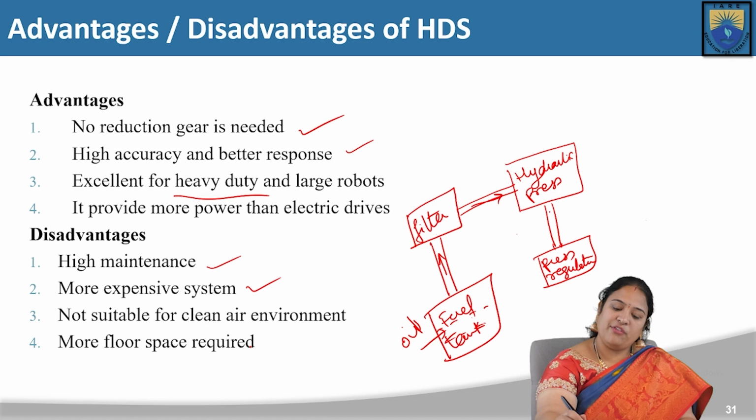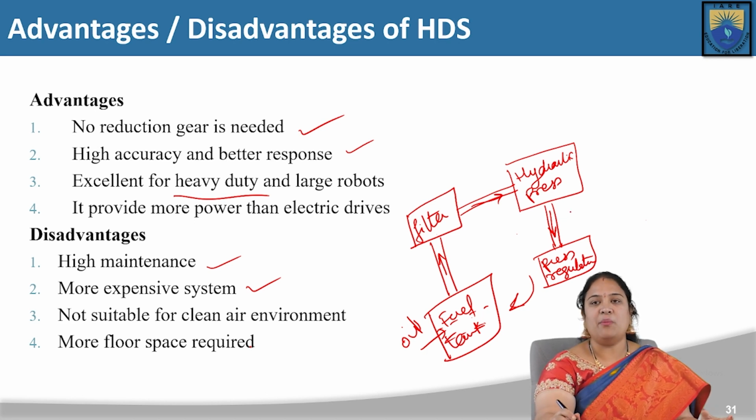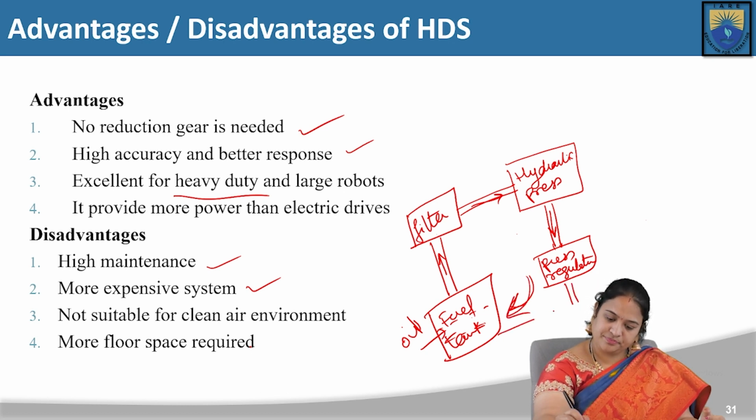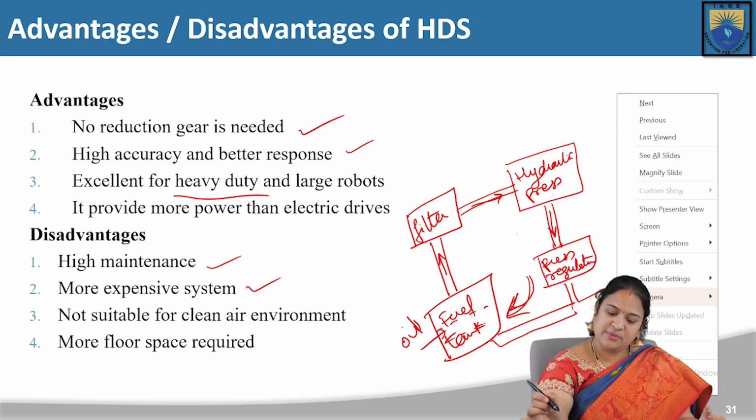Whatever amount of oil is required, it takes, and the leftover amount it sends back into the fuel tank. That is, whatever amount the machine piston requires to run, it takes, and the excess drawn from the hydraulic pressure is sent back to the fuel tank, right?